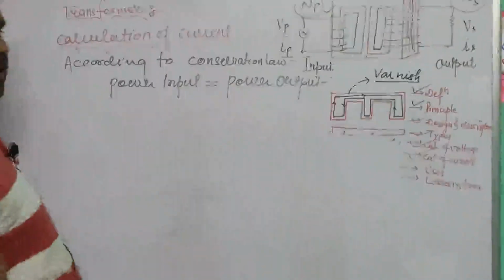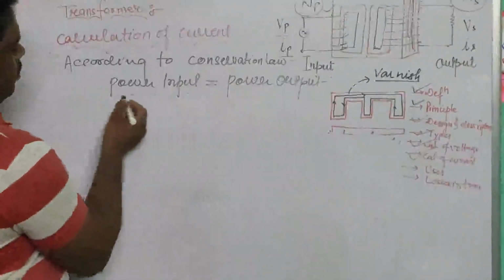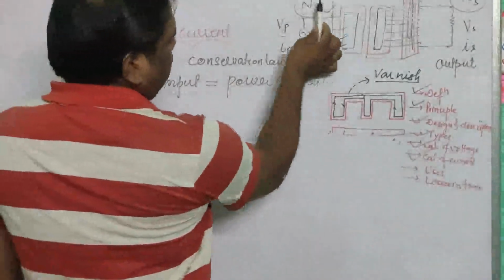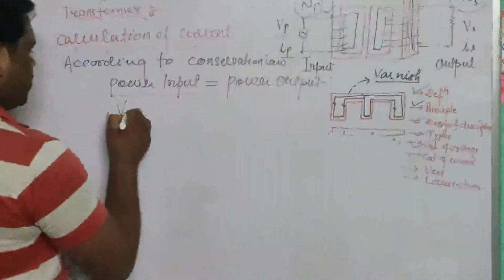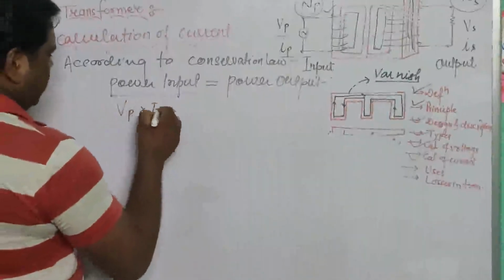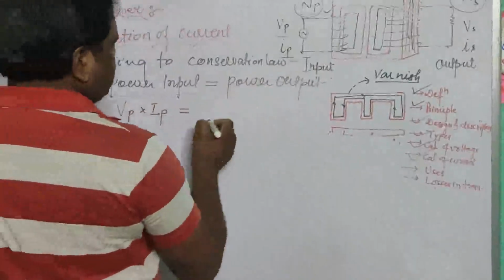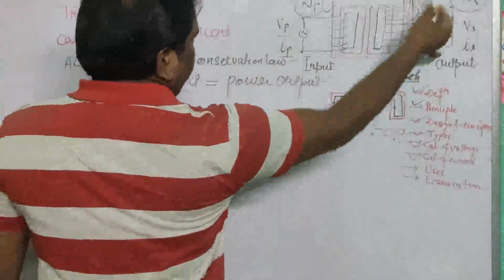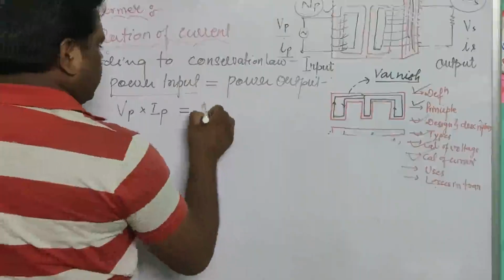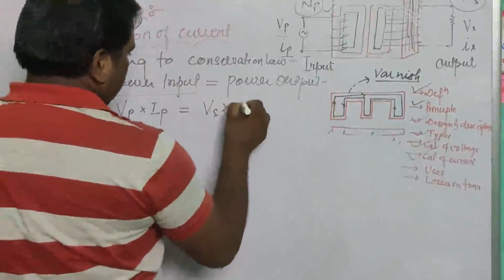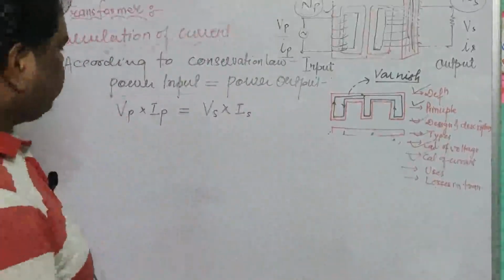Power is equals to voltage into current, means product of voltage and current across primary coil, that is Vp into Ip is equals to power across output, that is Vs into Is.